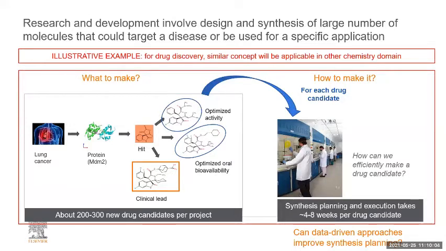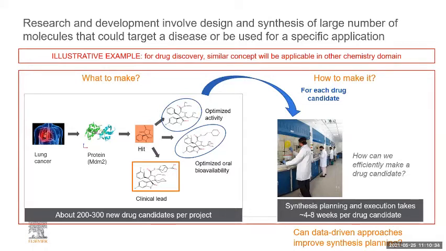One of the contributing factors for the long time, especially in pharma, the time it takes for drugs to reach patients, is that it involves synthesis of a large number of drug candidates that could target a disease like lung cancer, for example. And synthesis planning and execution can actually take up to 4 to 6 weeks per drug candidate.